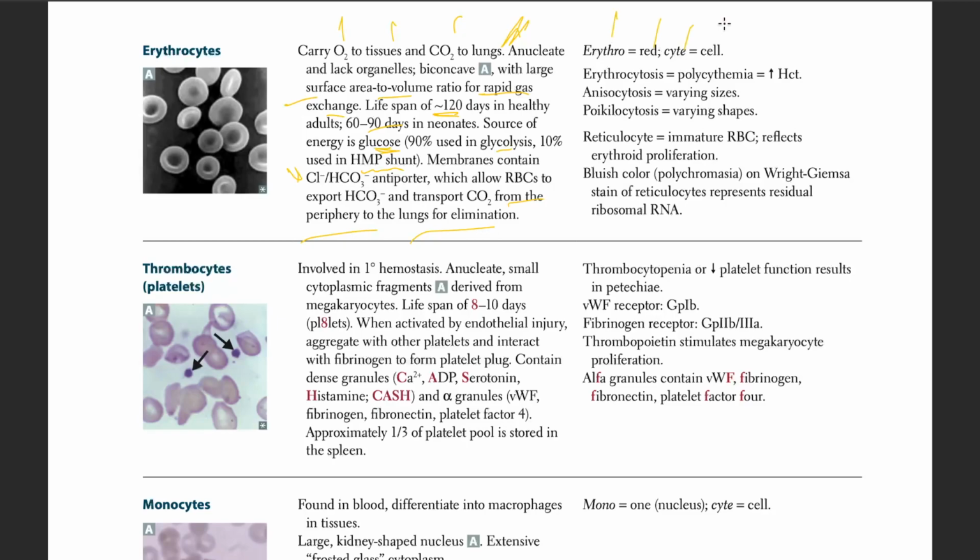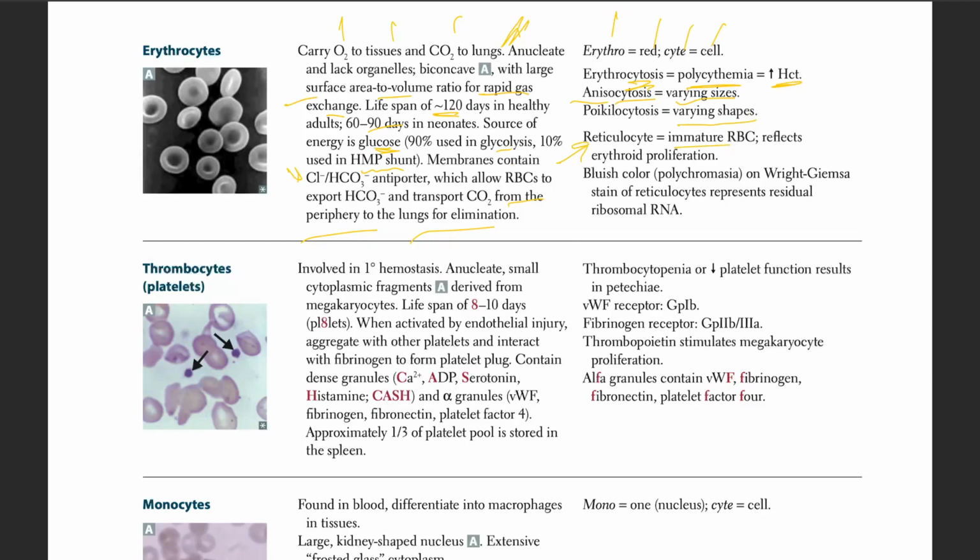Erythro is red, cyte is cell. Erythrocytosis equals polycythemia, basically increase in RBCs, which increases the hematocrit. Anisocytosis, varying sizes of cells. Poikilocytosis, varying shapes.